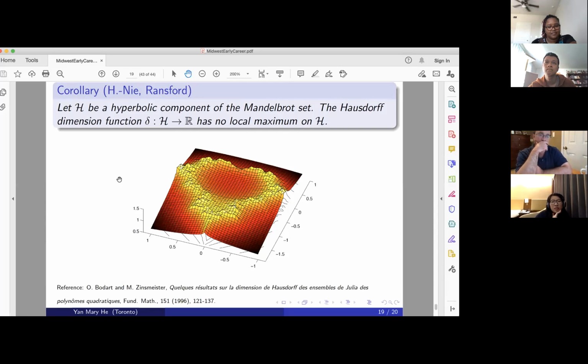From their picture, it looks like the Hausdorff dimension function is bell-shaped. That is to say, there is no critical point in the main cardioid. But I think the proof of this fact is very hard.